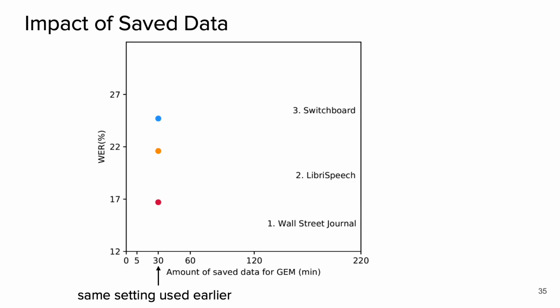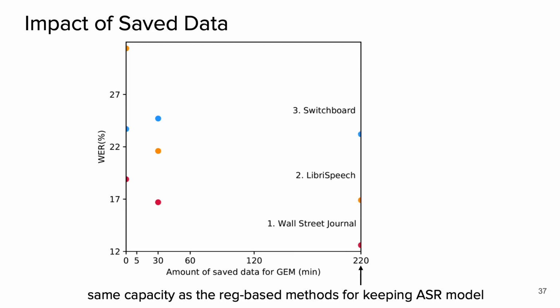These points used 30 minutes of data, which have the same setting as the experiments discussed earlier. We note that saving 0 minutes of data is the fine-tuning baseline. Also, saving 220 minutes of data uses the same capacity as the regularization methods for keeping the previous ASR model.